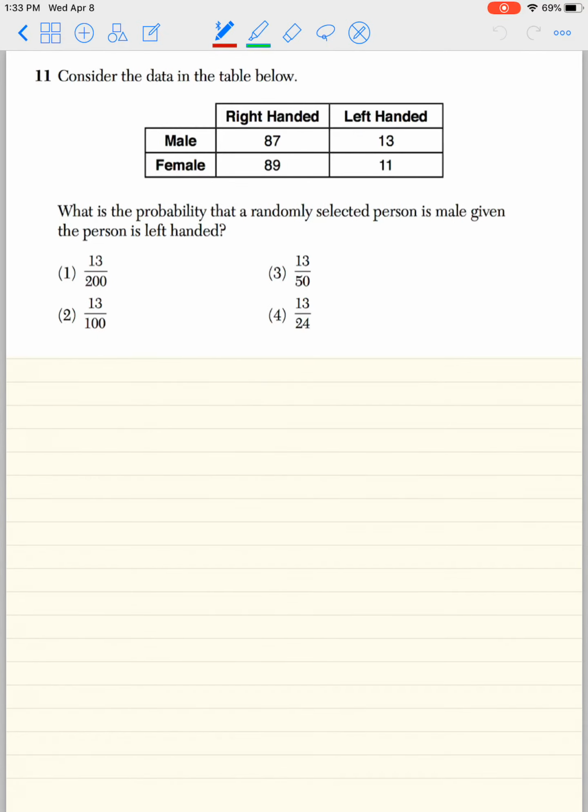Consider the data in the table below. We have males, females, right-handed, left-handed. What is the probability that a randomly selected person is male? So now we have this key word, given the person is left-handed. Remember that the word given means out of. So out of the people who are left-handed, okay, so this doesn't even have a total.